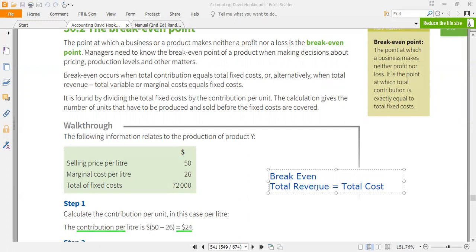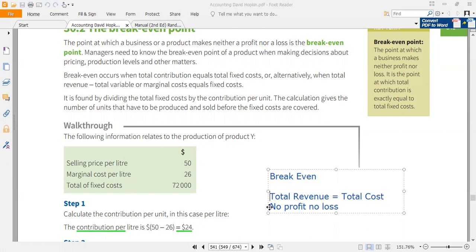Break even means total revenue equals total cost, or we can say no profit, no loss. Now we will calculate how to calculate break even.